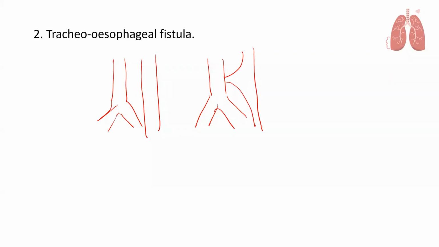There are a few types of tracheoesophageal fistula, and it can coexist with esophageal atresia. Atresia means a failure to develop, right? So in esophageal atresia, you have the esophagus stopping like this, and the distal part can connect with the trachea like this. This is the most common type of tracheoesophageal fistula, right?